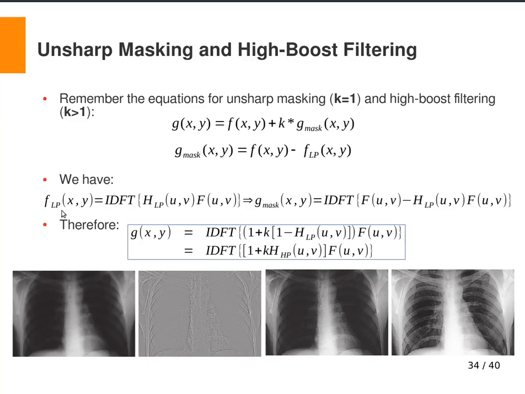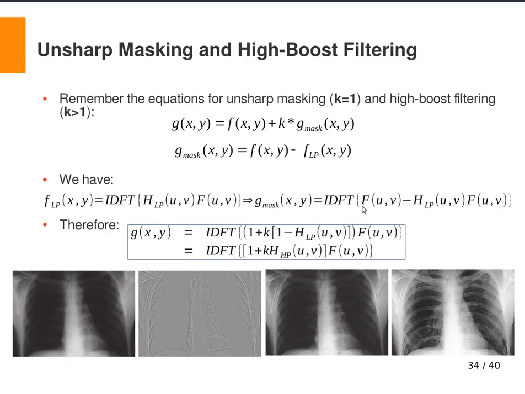The first thing that we need to calculate is the low pass filtered version of the image, which is the inverse discrete Fourier transform of the multiplication of the low pass transfer function and the original image. Based on that, the mask is going to be the inverse discrete Fourier transform of the frequency transform of the original image minus the multiplication of the transfer function of the low pass filter and the original image.